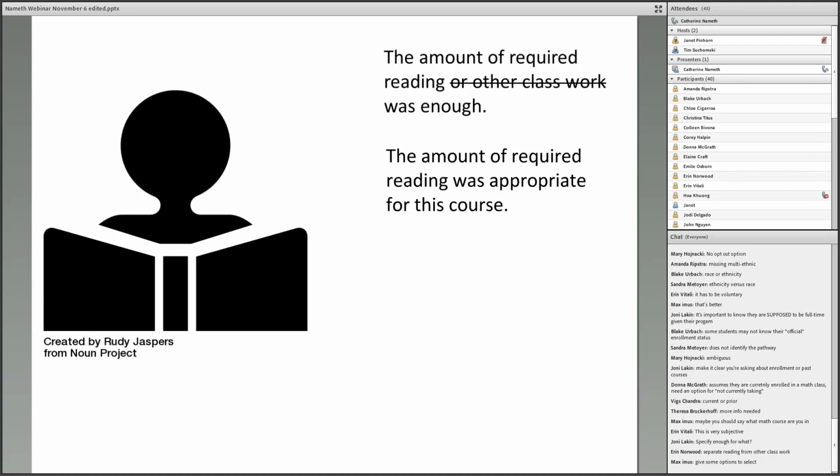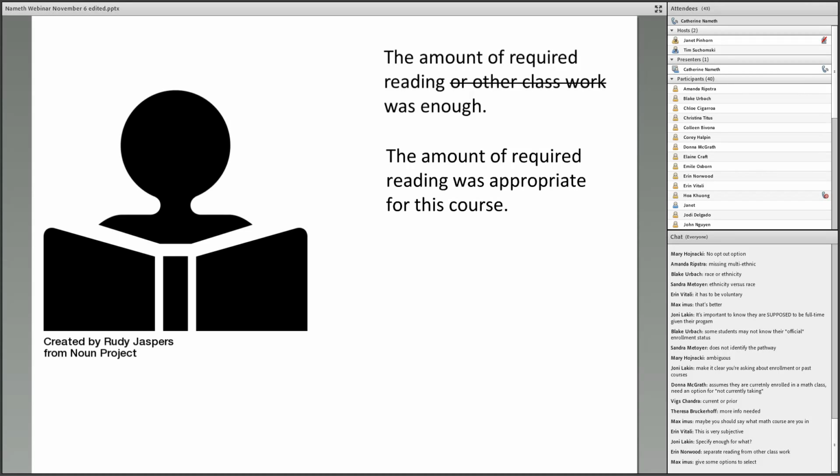So we want to try to ask for one piece of data at a time. We want to, for this prompt in particular, to focus on reading. Other classwork is open to interpretation. So we may not get useful data from that first prompt. So we can then improve upon it by making it about one thing, required reading, and then making it a little more specific, appropriate for this course.